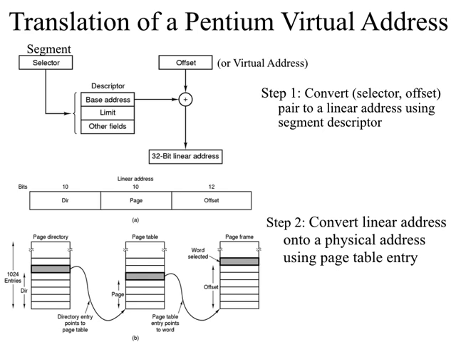So first you convert the virtual address to a 32-bit linear address by adding the offset to the base address of the segment. And then you use the page table of the process to convert the 32-bit linear address into the physical address.